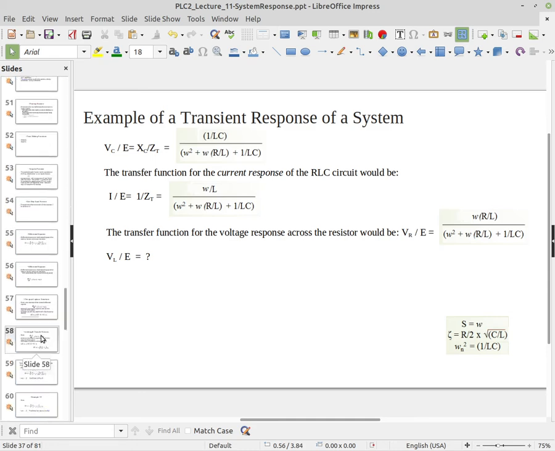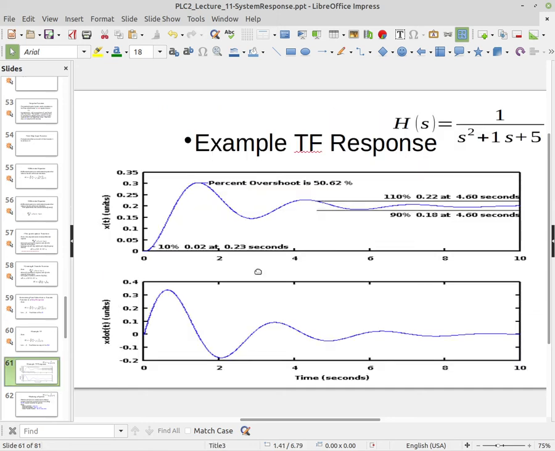All right, I just want to show you here an example of a response that's bouncing around. When we calculate the settling time, we need to look at the band between 90% of the final value and 110% of the final value, plus or minus 10%. The time from when it first crossed 10% until it gets within these two black lines and stays is the settling time.